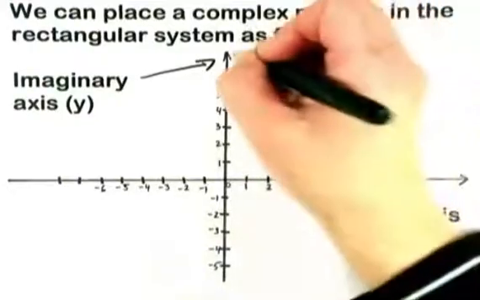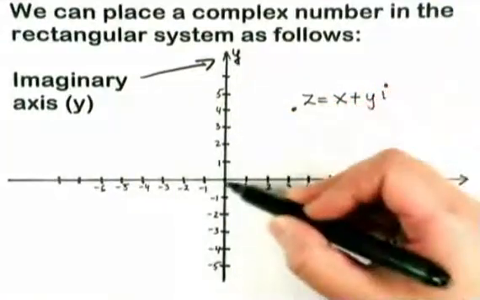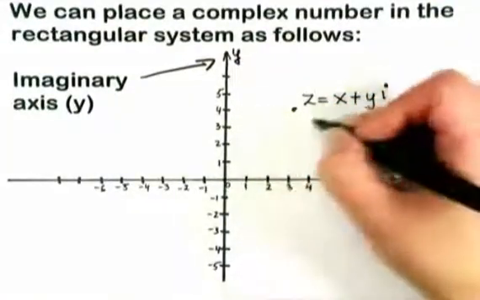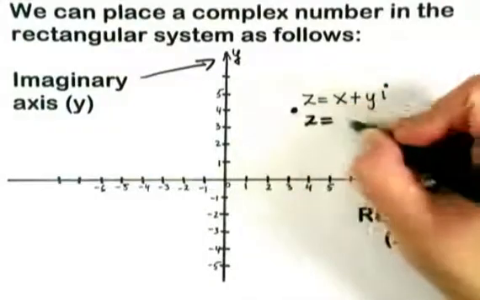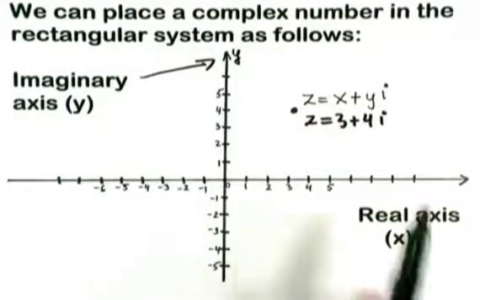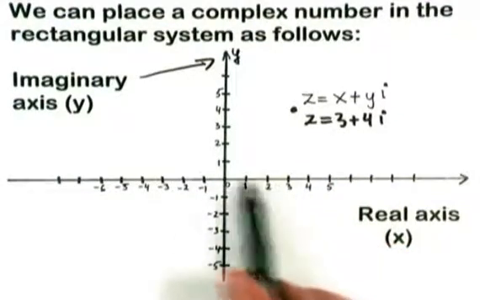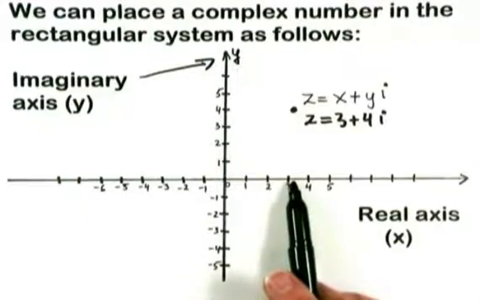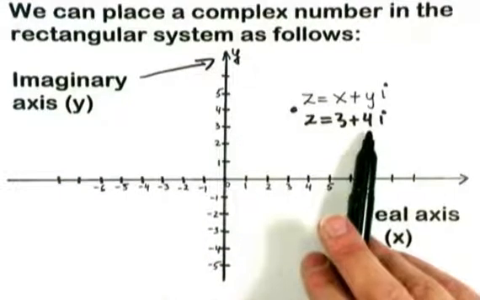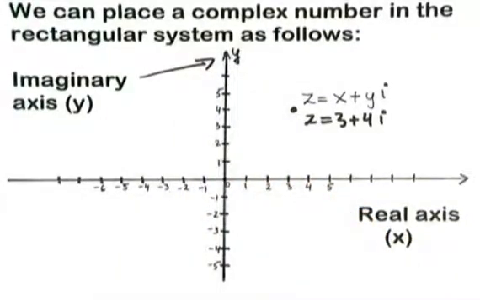This is the y-axis, which is called the i-axis, the imaginary axis. So this particular point has 3 and 4, so it can be written as 3 plus 4i. The number by itself without i is the number on the x-axis, and the number attached to i is the number on the imaginary axis, which is y in that case.